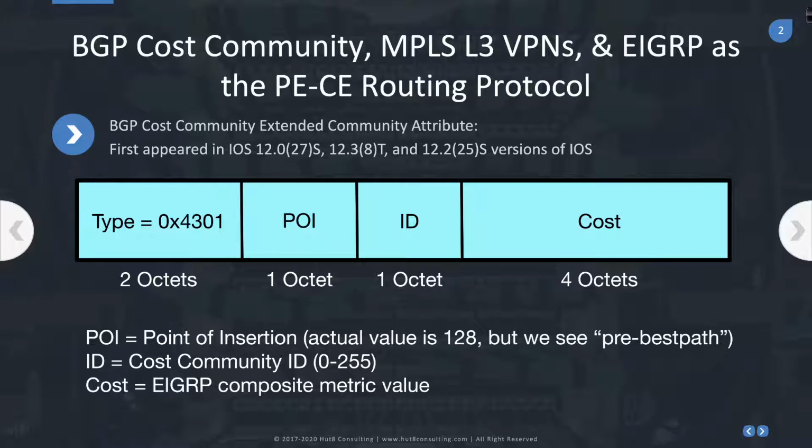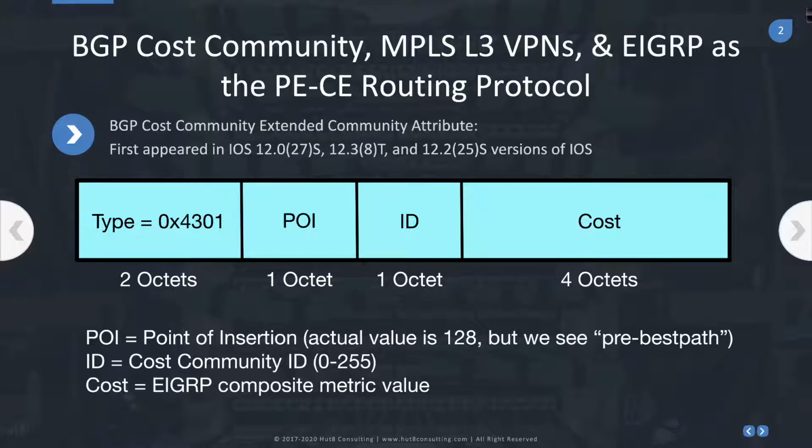Well, as I've already stated, it's just another BGP extended community attribute. There are many extended community attributes that we're already familiar with. One of those would be a BGP route target. Now, the route target is an extended community attribute, and in my previous video on OSPF as the PE to CE routing protocol, we talked about a whole host of BGP OSPF extended community attributes, and that video specifically talked about the route type.